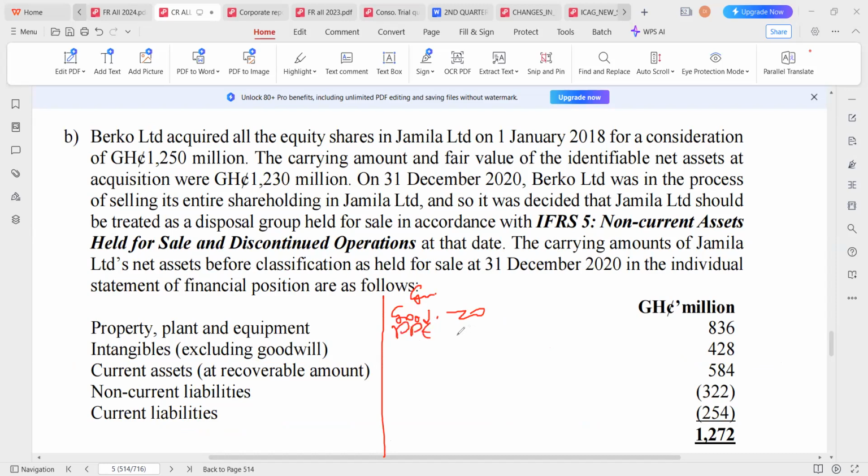PPE is what? 846. Intangible is what? 428. Current asset is what? 584. Non-current liability is what? Negative 322.